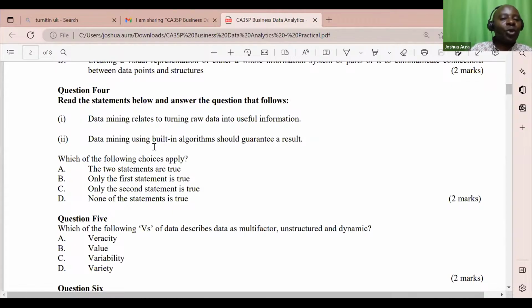Which of the following choices apply? A, the 2 statements are true. B, only the first statement is true. C, only the second statement is true. D, none of the statements is true. Which one? You guys are good at guessing.